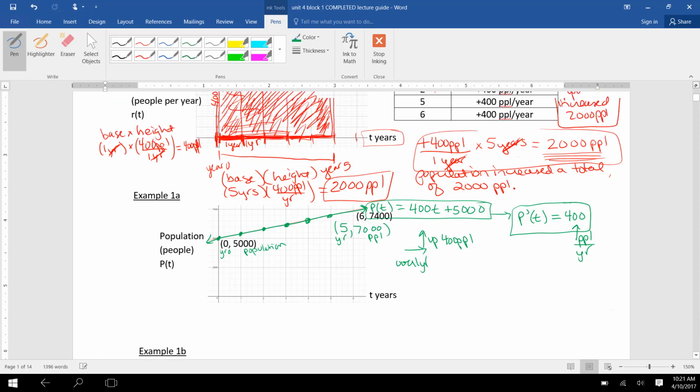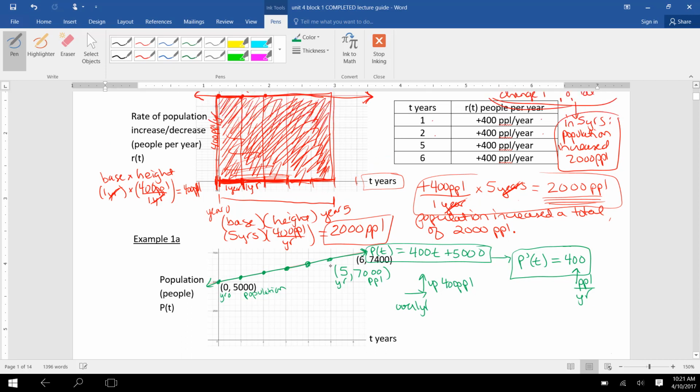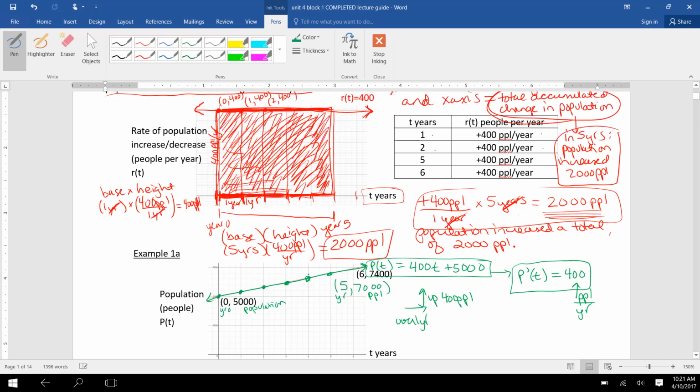In other words, its derivative is this original function we were talking about a minute ago. Our P of t function from year 0 to year 5 increases exactly 2,000 people. Started at 5,000 people. After 5 years passed, it's now at 7,000 people, so it increased 2,000 people.